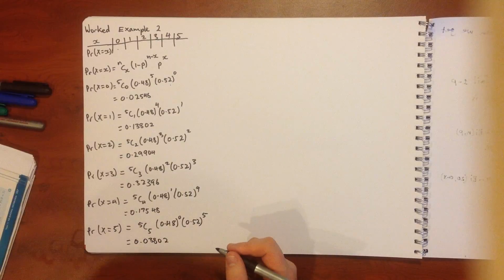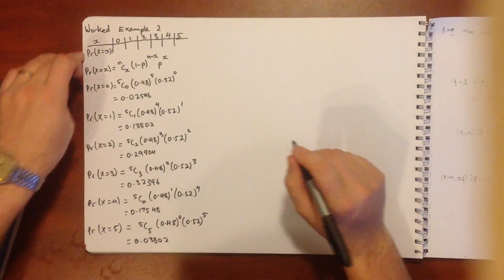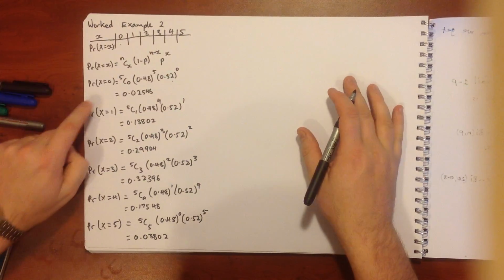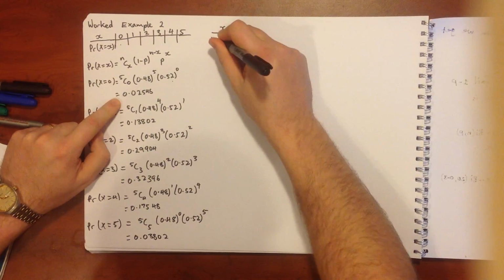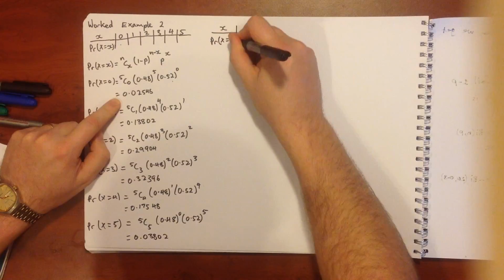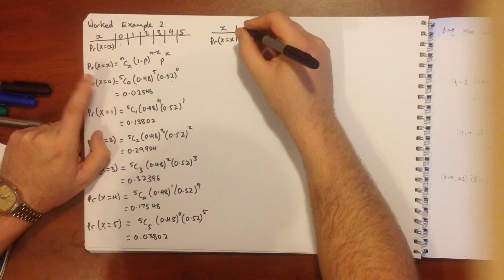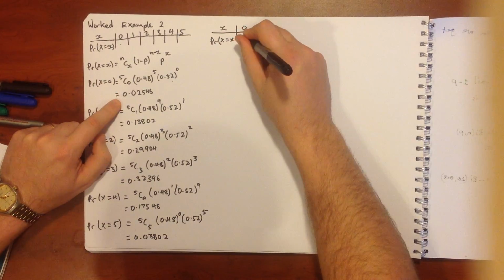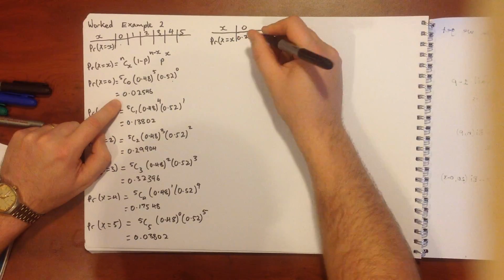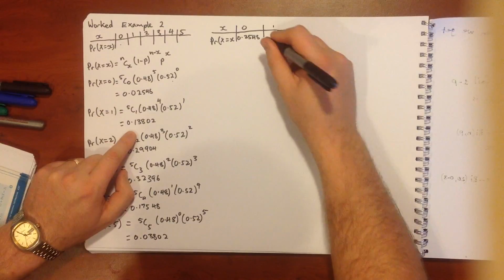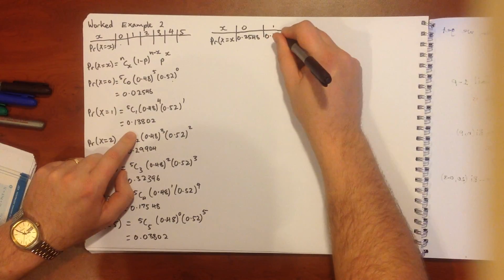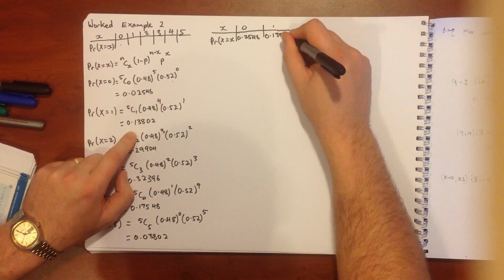I'm going to redraw this table because I clearly didn't leave enough room. So we need x and the probability that X equals x. For 0 it was 0.02548. For 1 it was 0.13802.